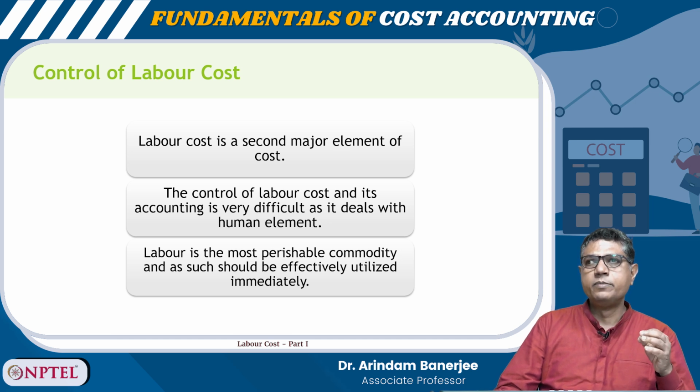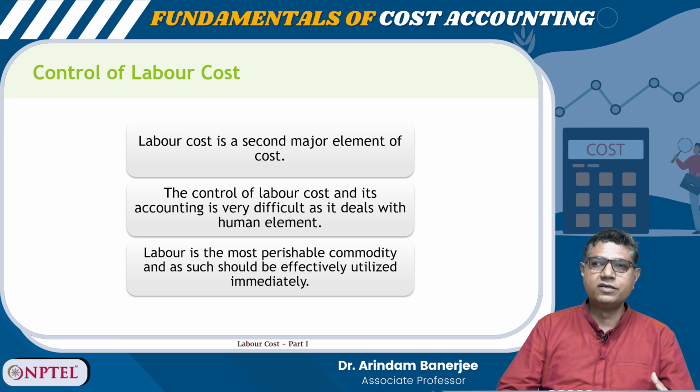Now, the control of labor cost and its accounting is very difficult as it deals with a human element, because it requires several negotiations with the labor unions, and labor is the most perishable commodity and as such should be effectively utilized immediately.